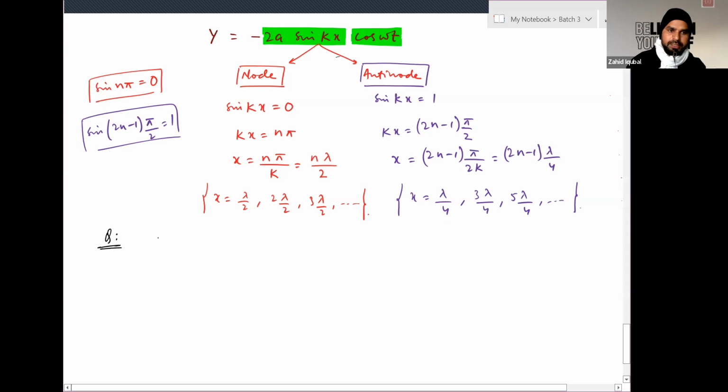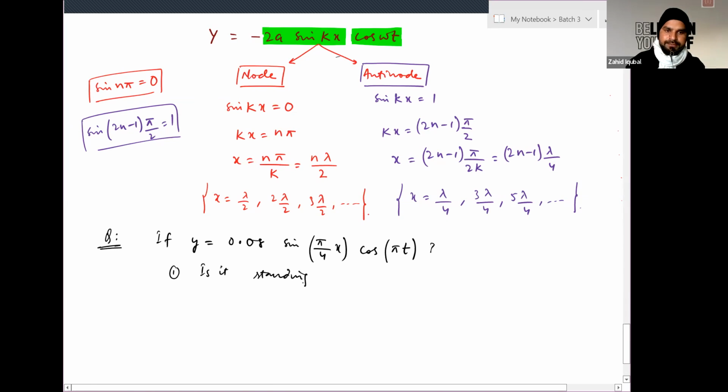Now for this part, you'll be asked, if y equals to 0.08 sine of pi by 4 x and cos pi t, is it standing or traveling wave?